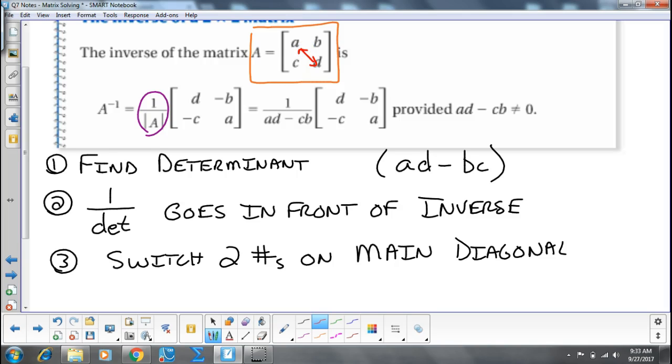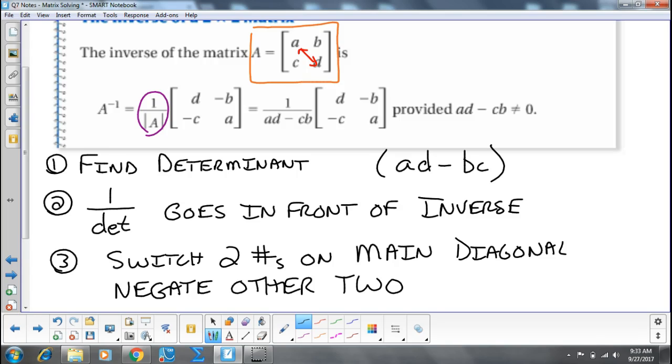D goes where A was, and A goes where D was. At the same time, you are going to negate the other two. So it becomes negative B and negative C.